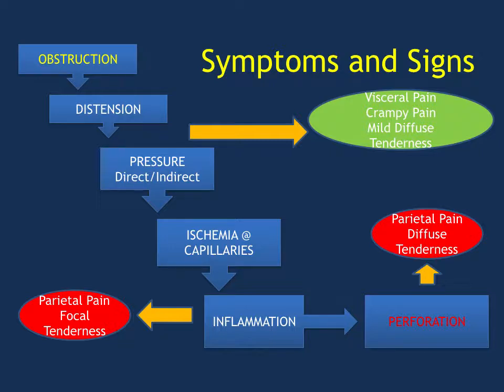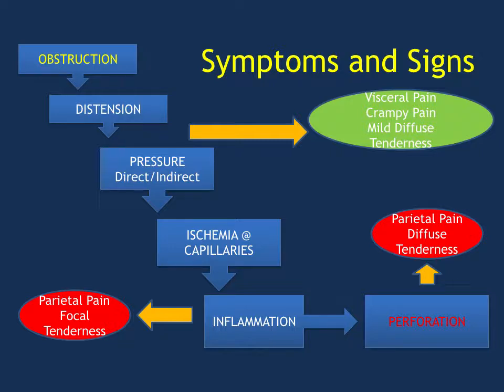It's often crampy, mildly diffuse in terms of tenderness, not true tenderness. And in addition to distension causing ischemia at the level of the capillary abdominal wall, which our learners should be familiar with, we need to bring in and emphasize a second mechanism, which is the direct pressure of the adhesive band on the bowel, resulting in additional compromise of vasculature in that area.